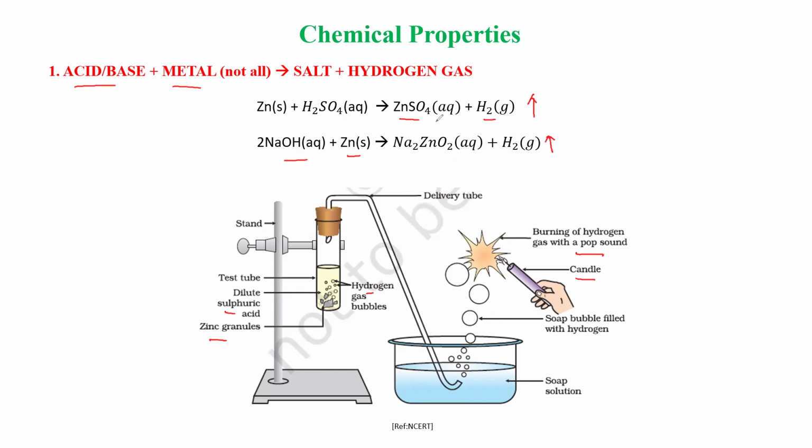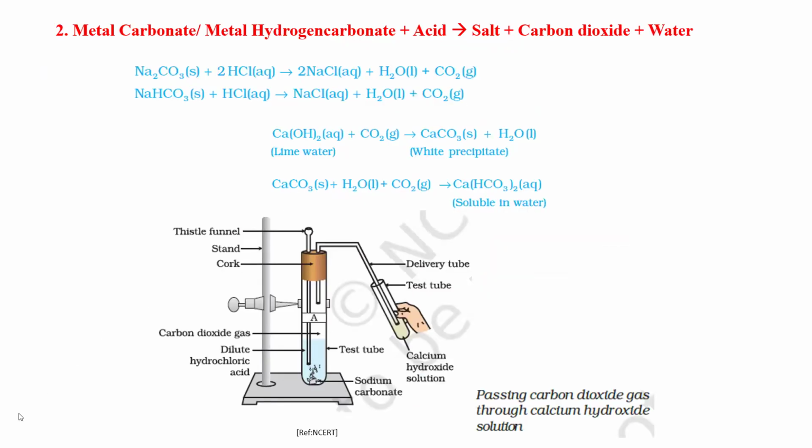Like this, one by one, the chemical properties of acids, bases, and salts are discussed here. The second property: how metal carbonates and metal hydrogen carbonates, that is Na2CO3 and NaHCO3, react with acids. Here we have taken the reaction with acid.